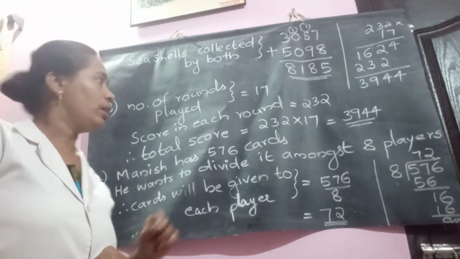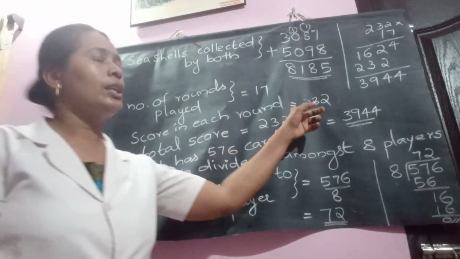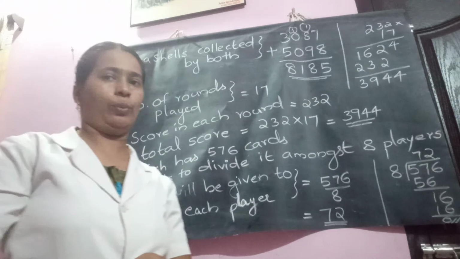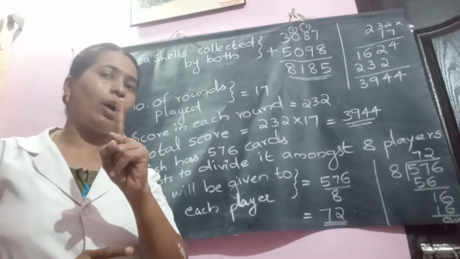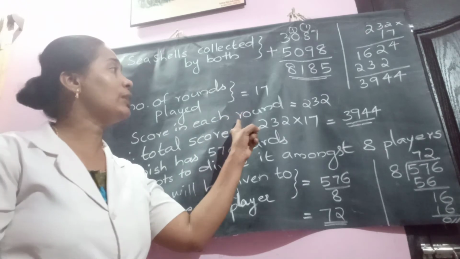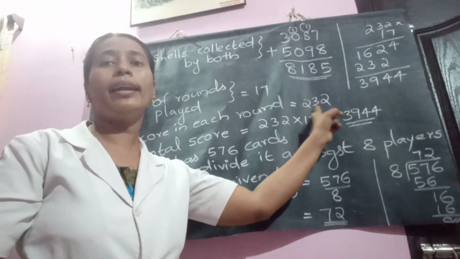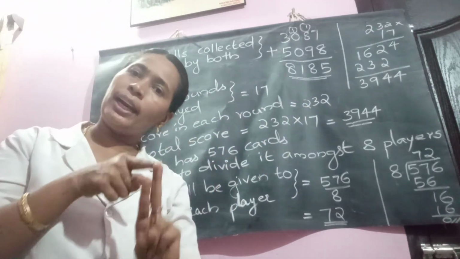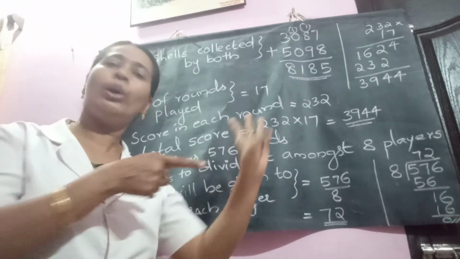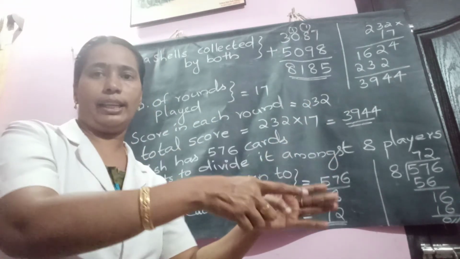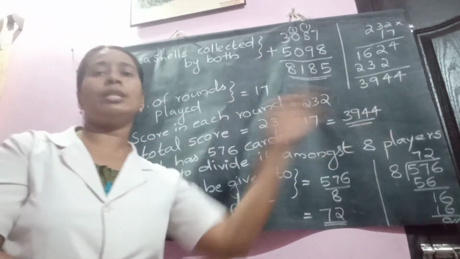Each round he scored 232. Each round means per one round. In the first round he scored 232, the second round also 232, the third round also 232. Similarly, 17 rounds are there.